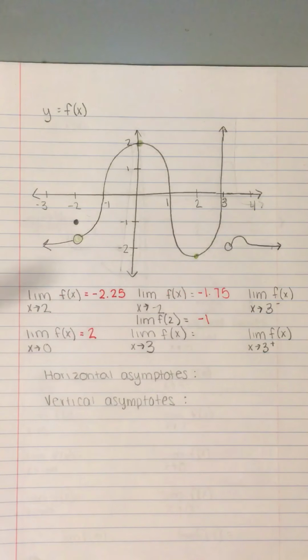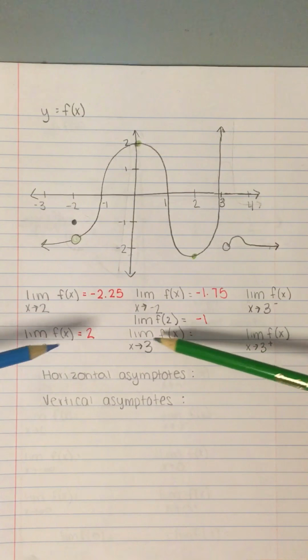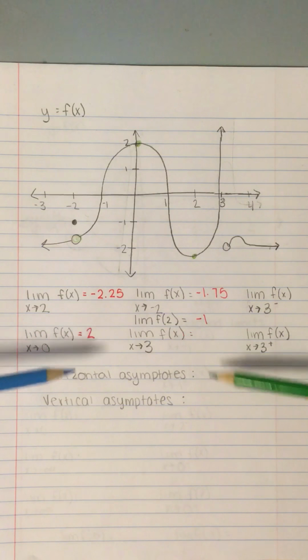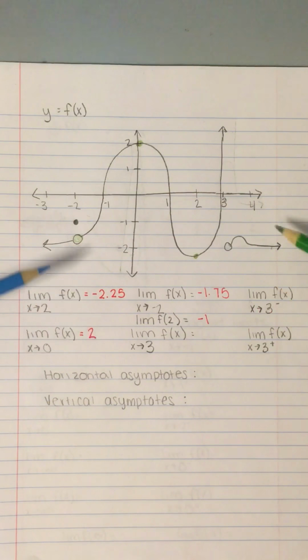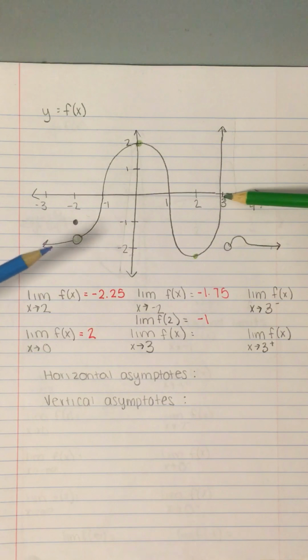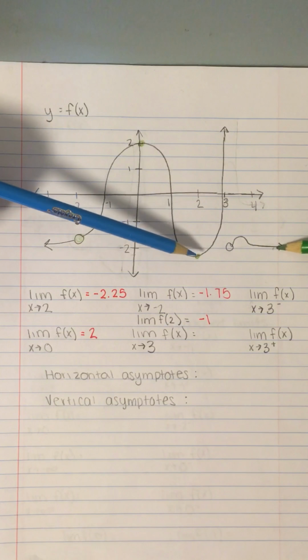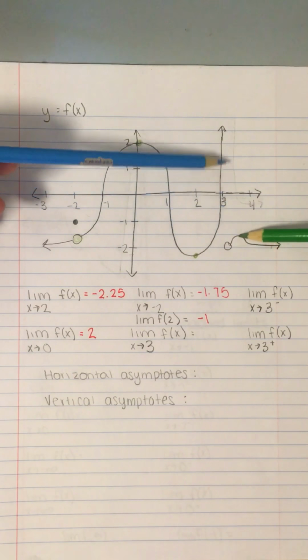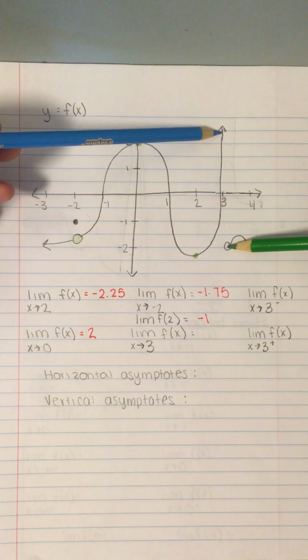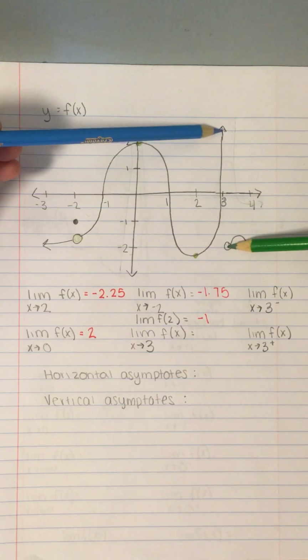All right, let's do another. Limit as x approaches 3 of f of x. So we're going to go over here to 3. We've located 3. And we're going to trace our points leading up to 3. And our fingers have ended up in different places at x equals 3. So therefore, the limit does not exist.